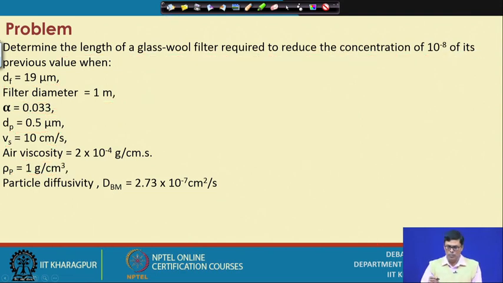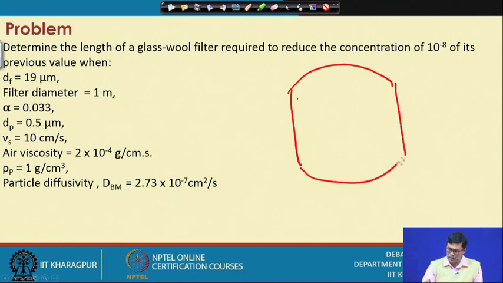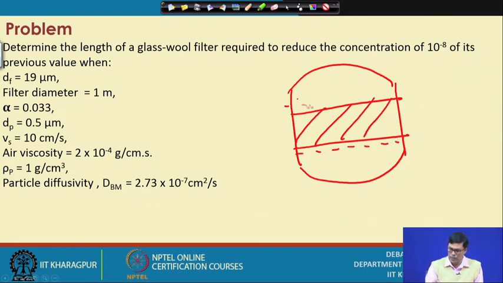So, these are the different data given in the problem. We can consider this problem like this: suppose this is the air filter that we have. We pass air in and this is air out.